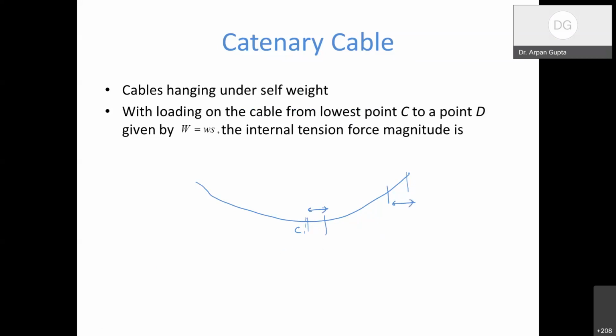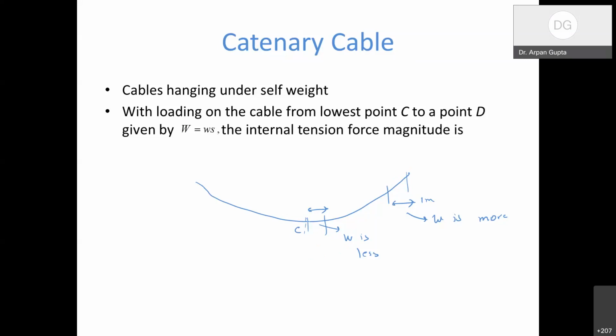I hope all of you will agree that here the weight is less, and here the weight is more. Because in this 1 meter, you'll have less amount of wire, but in this 1 meter, you'll have more transmission cable present, and here the weight is going to be more. So there is load, but it is not uniformly distributed.